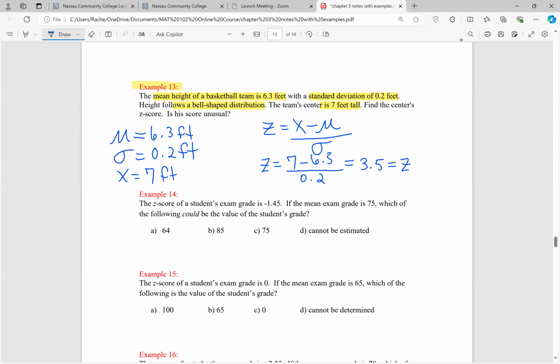Now, the second part of this question is asking, is this score unusual? And let's remind ourselves what we talked about in the previous lectures. If we're working with a bell-shaped distribution, any data value that's more than 3 standard deviations away from the mean, we're going to consider an outlier or unusual. So since this player's z-score is 3.5, which is more than 3 standard deviations above the mean, we're going to consider his height unusually tall.